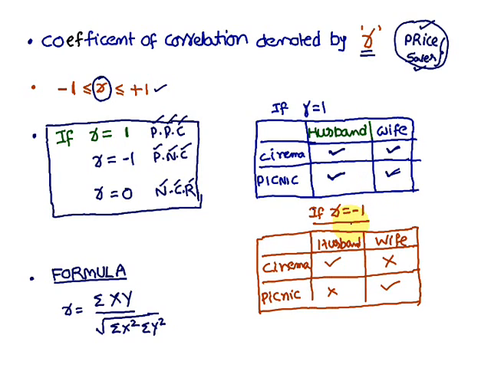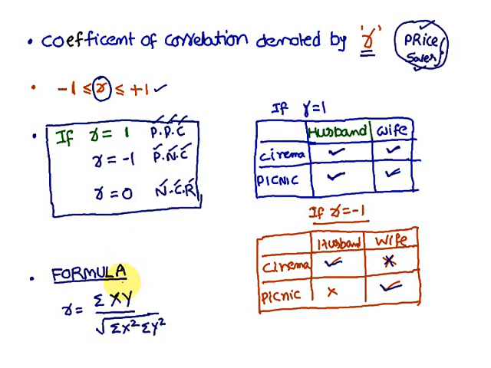If R is equal to -1, the husband says yes for cinema and the wife says no; for a picnic, the husband says no and the wife says yes. If this is the case, then we call it a negative correlation.